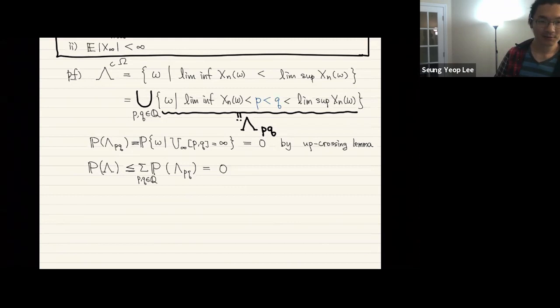Okay, so we showed that the set lambda has probability 0. What was set lambda? Set lambda was the non-convergent set, right? The not-convergent set has probability 0, meaning with probability 1, xn will converge.